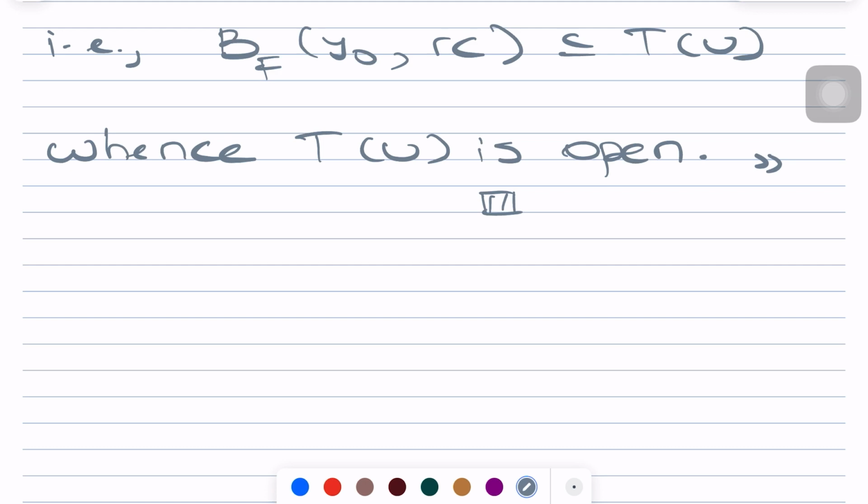Okay, so now before proving the open mapping theorem, let's have a look first at some consequences of the open mapping theorem. Corollary 2.7.